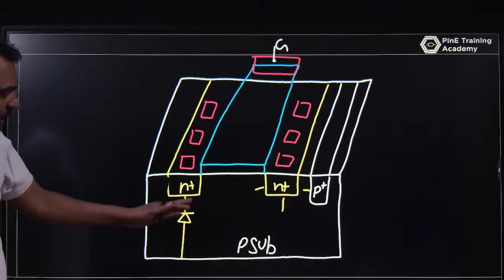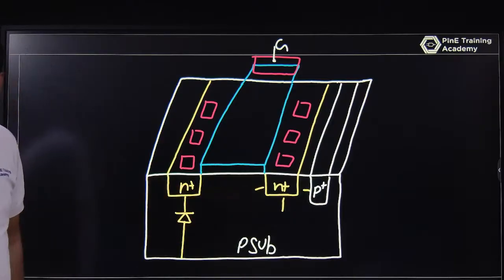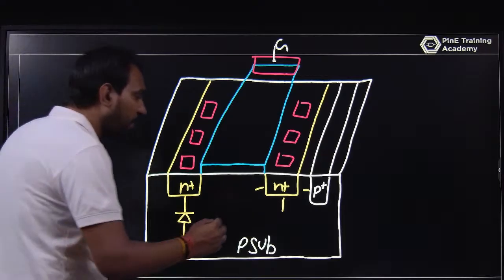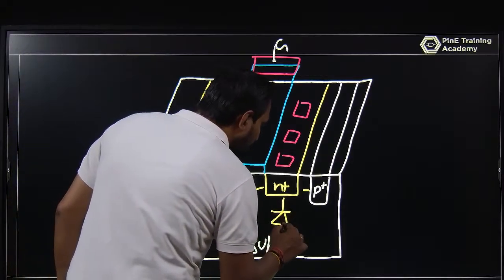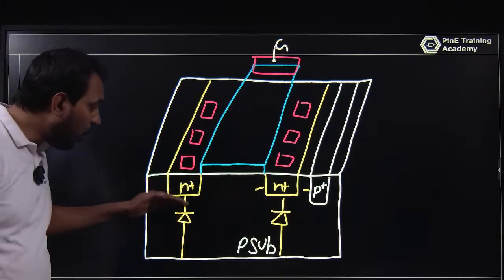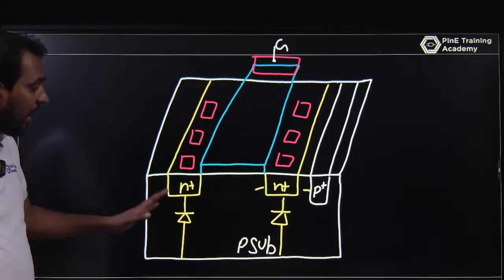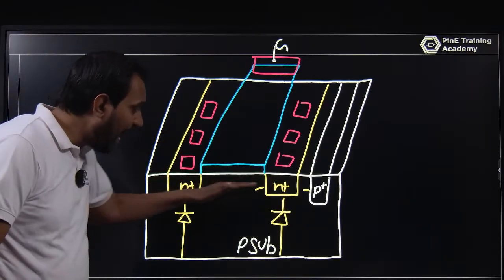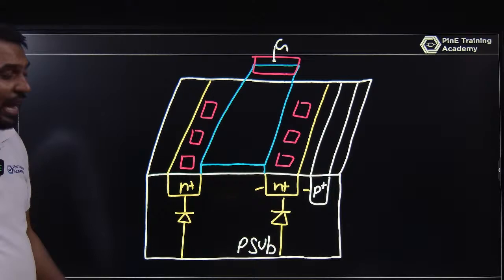So this is the way you can understand that the diode is present. And we don't want the leakage current. If you don't want the leakage current, the diode should be reverse biased. The current should flow only between the two N plus regions, in the active area.